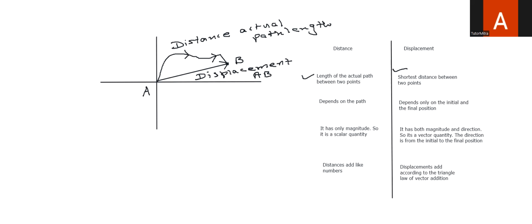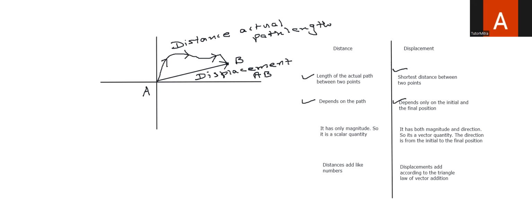It is very clear from this diagram that distance depends upon the path taken by the particle between the points A and B. And displacement doesn't depend upon the path. It simply depends upon the initial and the final position.